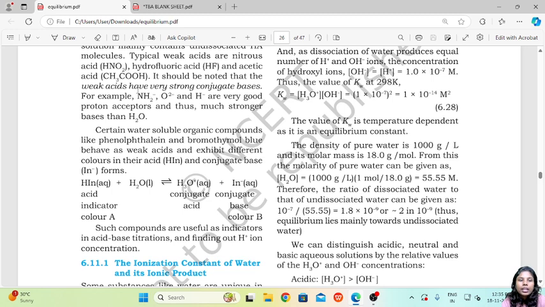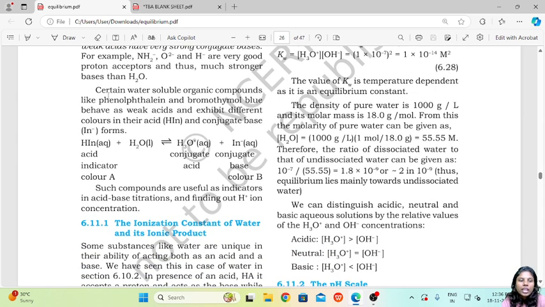For example, NH2-, O2- and H- are very good proton acceptors, and thus they are much stronger bases than H2O.